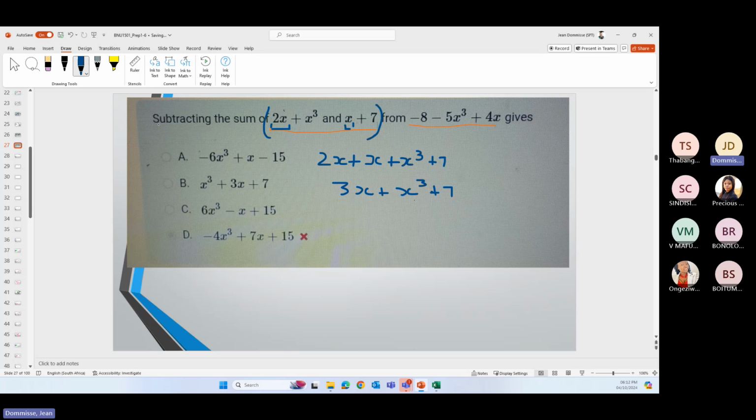Then they say subtract the sum. We now have this sum from minus 8 minus 5. Okay, so I actually did it wrong. So we must subtract this answer from that.